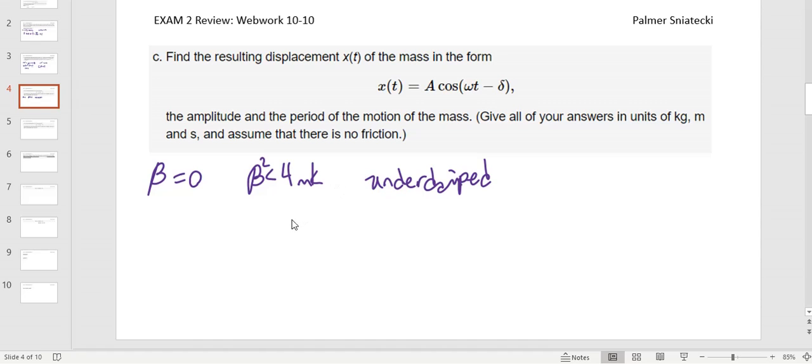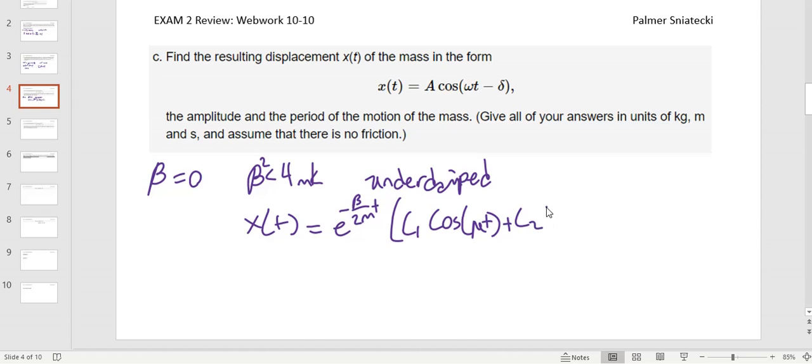And since it's underdamped, just from the other homeworks we've done, we know that the equation is going to be in the form of x equals e to the negative beta over 2m times t, and all that is multiplied by c1 cosine mu t plus c2 sine mu t.